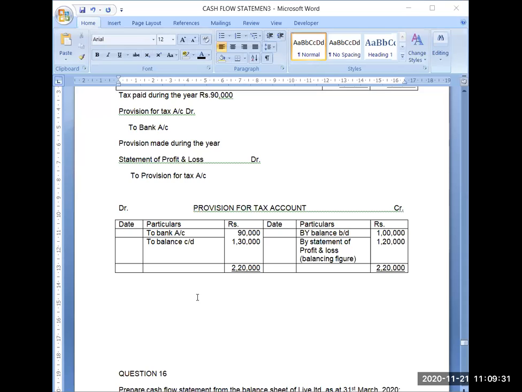In step 1, for the calculation of profit before tax, I have to add the provision made during the current year. So this is the provision made during the current year. So 1,20,000.